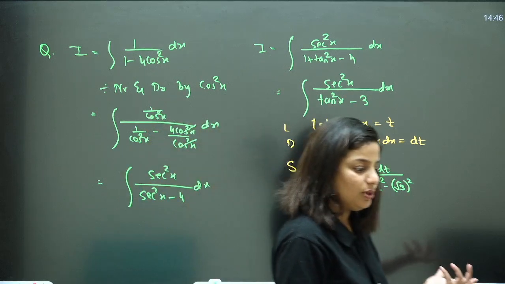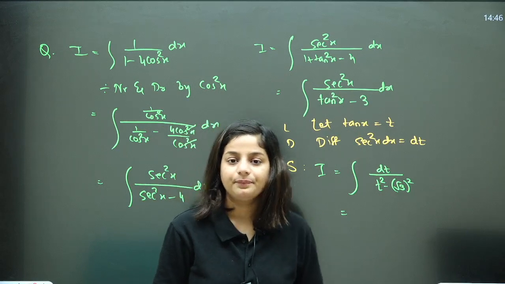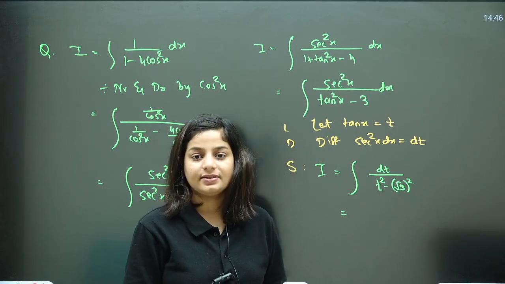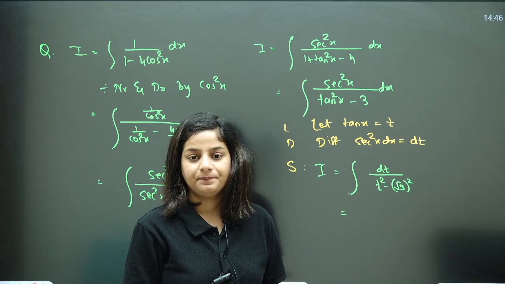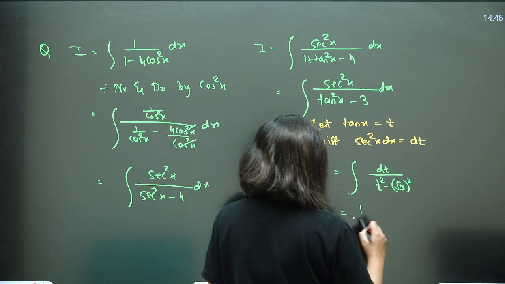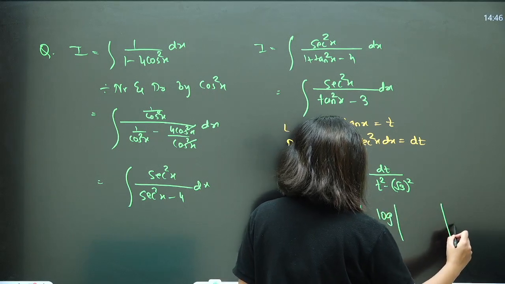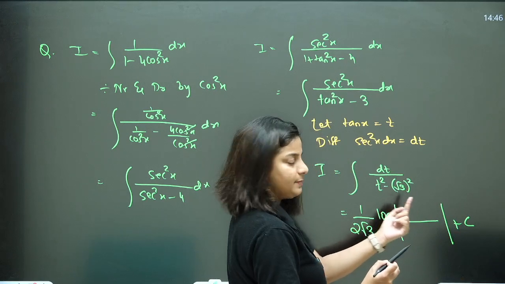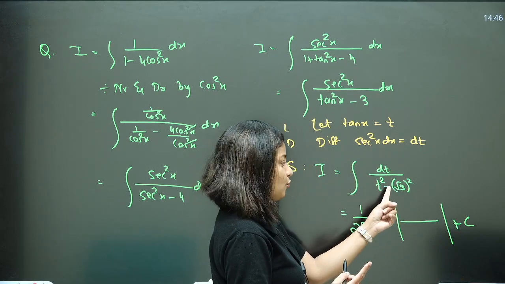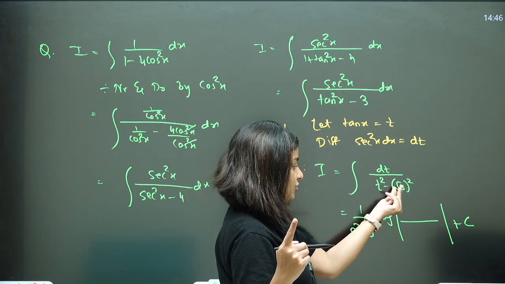And now this is a commonly used formula. Do you know this formula? 1 upon t square minus root 3 square, or 1 upon x square minus a square. Are you sure? 1 upon 2a log mod of t minus a upon t plus a. So I always tell my students, you have to go by the sign of the constant.